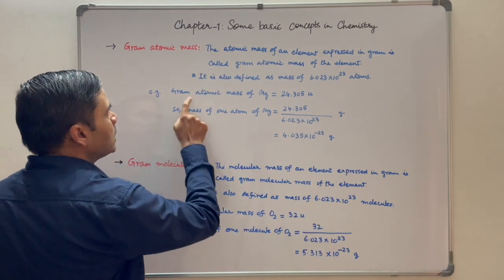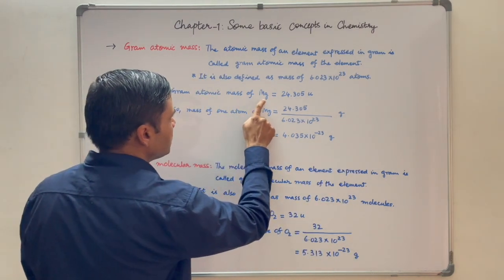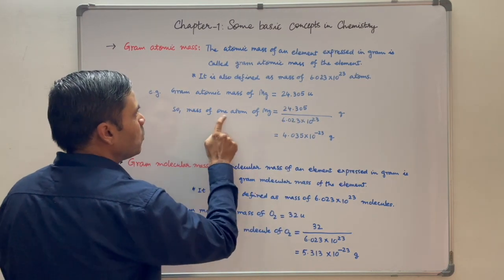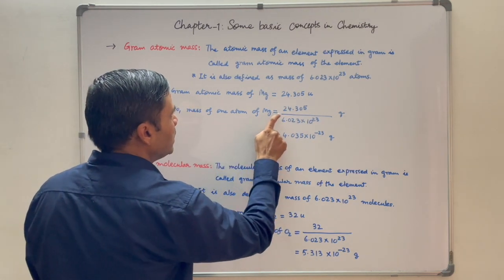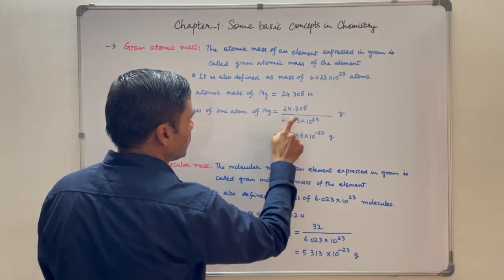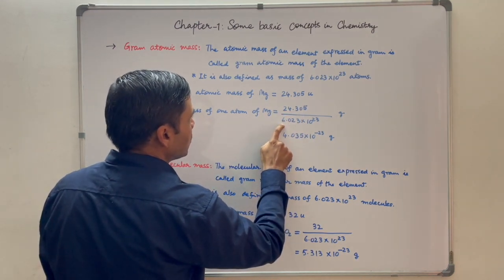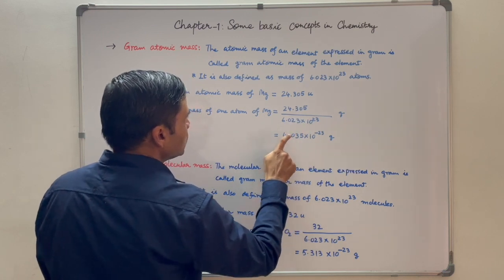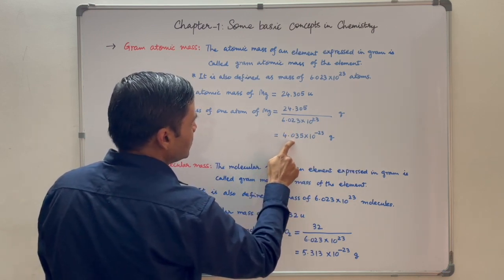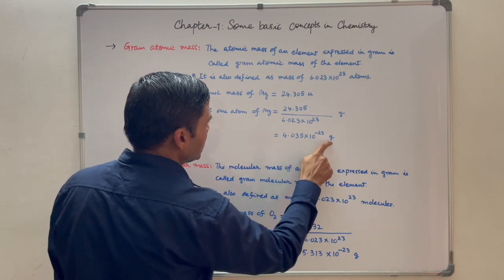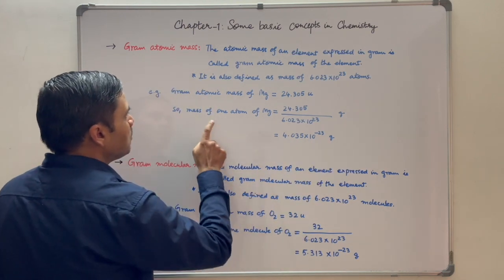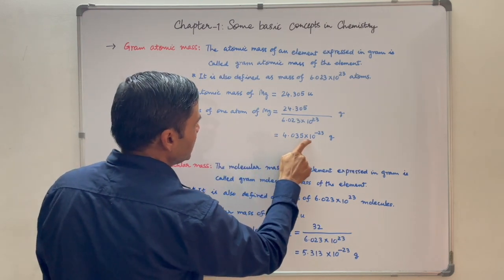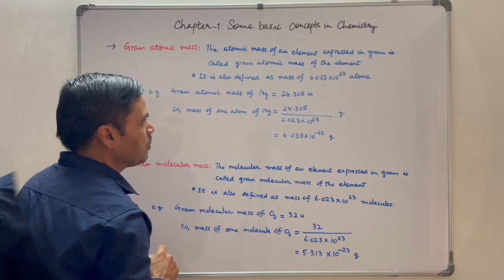For example, atomic mass of magnesium is 24.305 U. So mass of one atom of magnesium will be equal to 24.305 divided by Avogadro constant, means 6.023 into 10 to power 23. So the result will be 4.035 into 10 to power minus 23 gram. It means mass of one atom of magnesium will be 4.035 into 10 to power minus 23 gram.